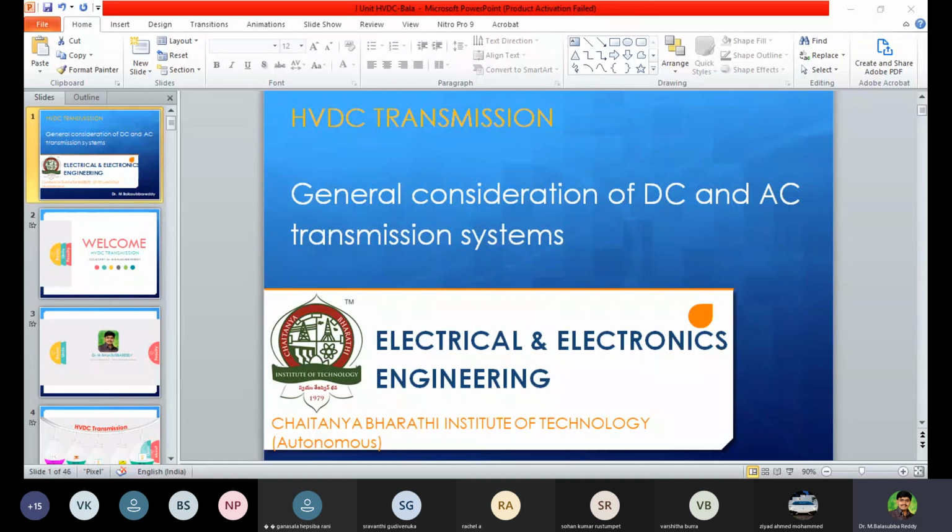There we know the rectification mode and inversion mode of operation. All the things will be covered in detail in that particular unit, preferably for rectification mode and inversion mode of operation.